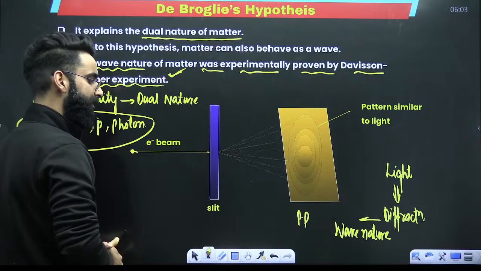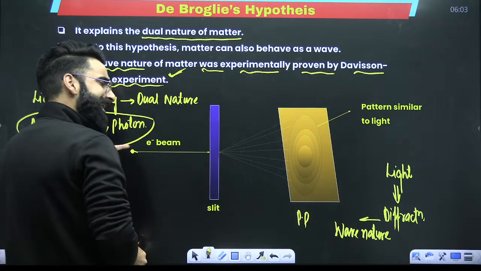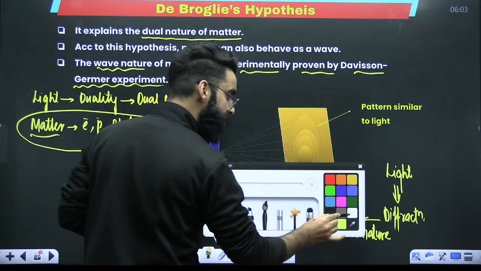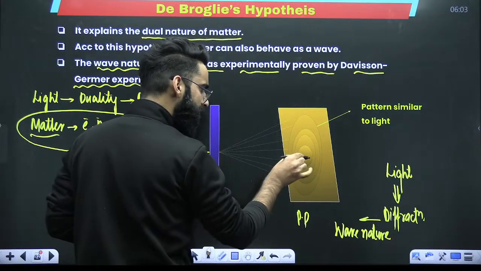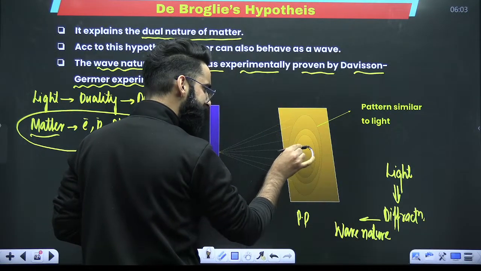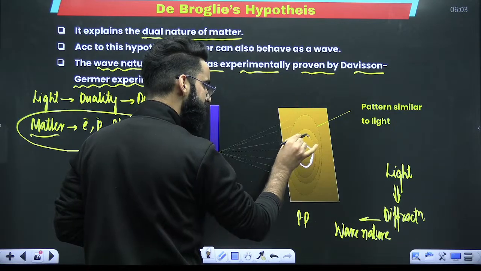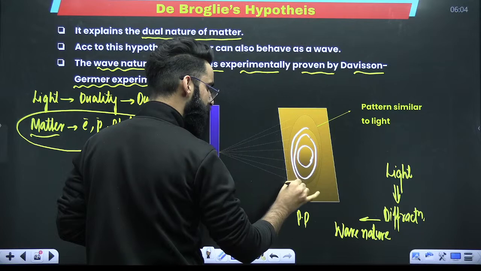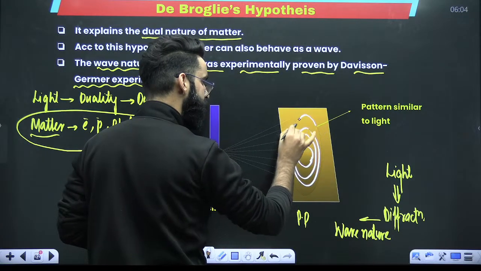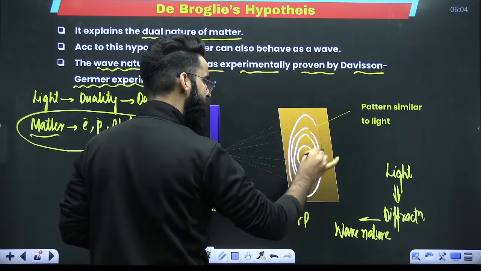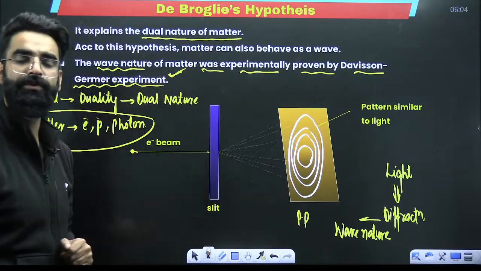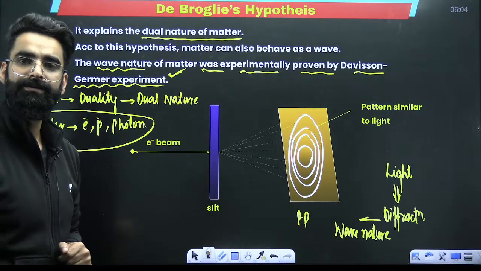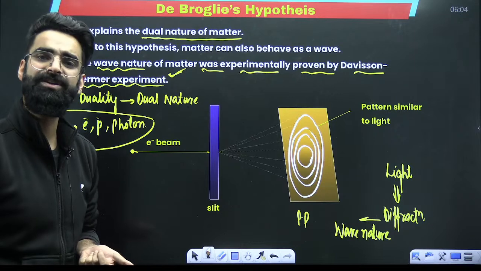When you pass the electron beam through a slit, what will you observe? You will observe these circular patterns on this photographic plate, right? This phenomenon is something which you call diffraction, basically.